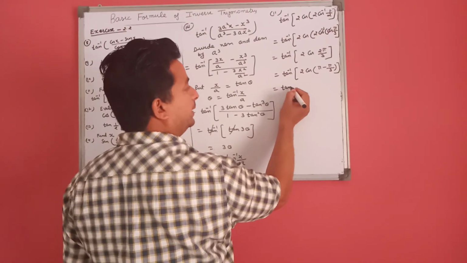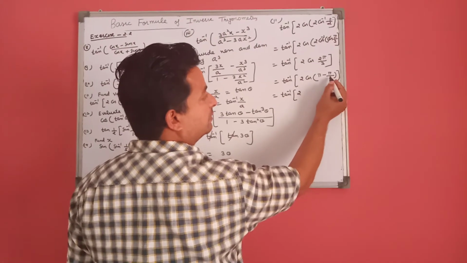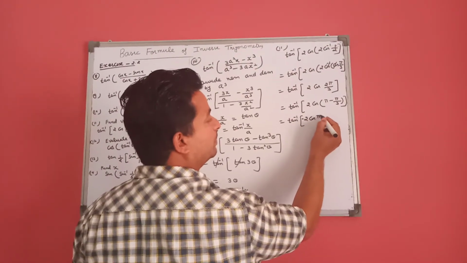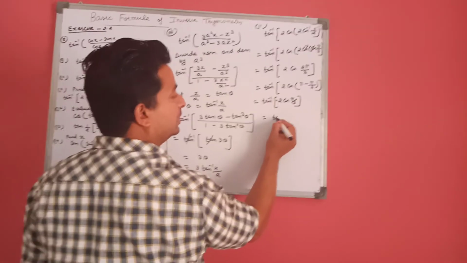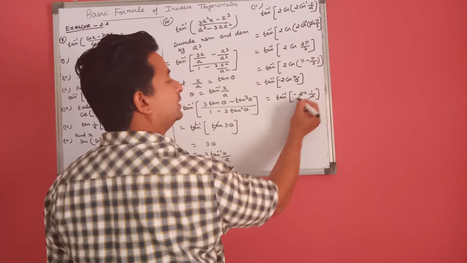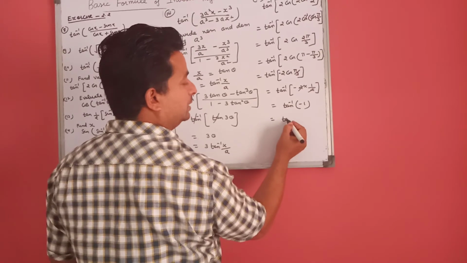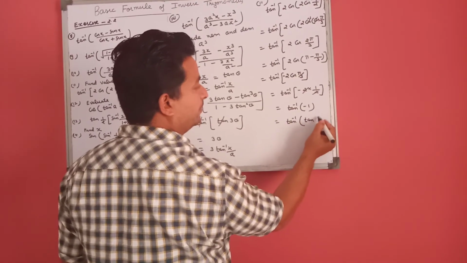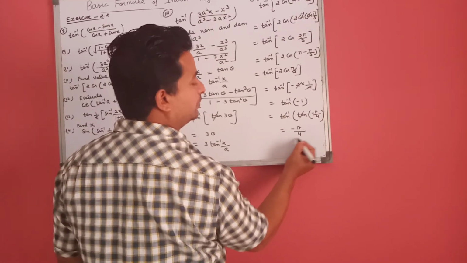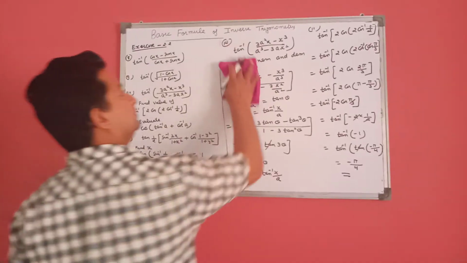In the second quadrant, cos is negative, so this becomes negative of cos pi upon 3. This becomes tan inverse of minus 2 cos pi upon 3, which is half. This cancels out. This becomes tan inverse of minus 1, which is tan inverse tan of minus pi upon 4. This cancels out. We get minus pi upon 4. This is the simplest form of question number 11.